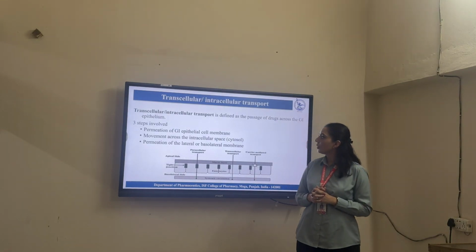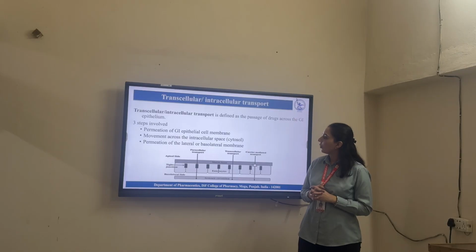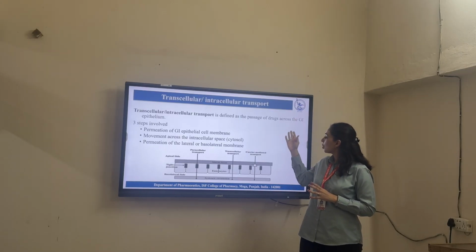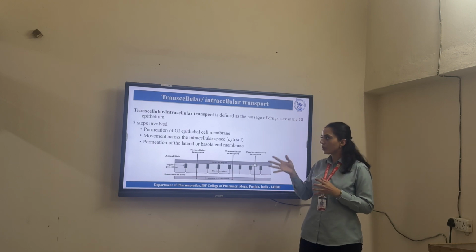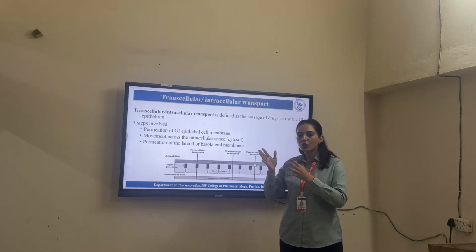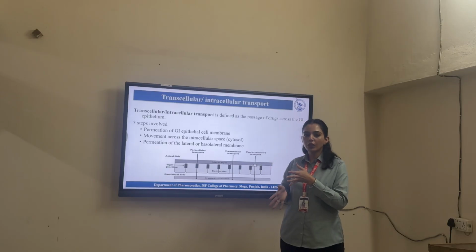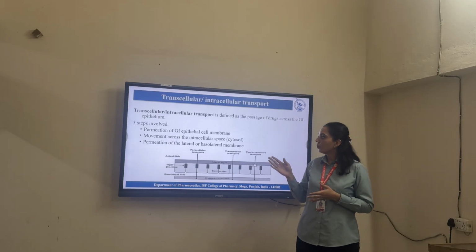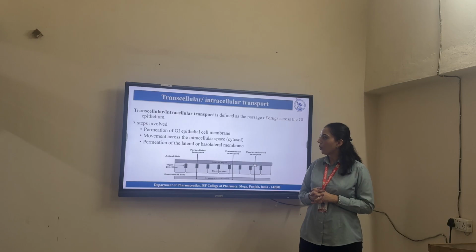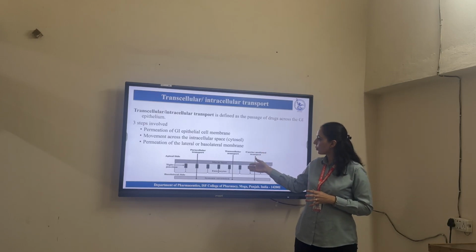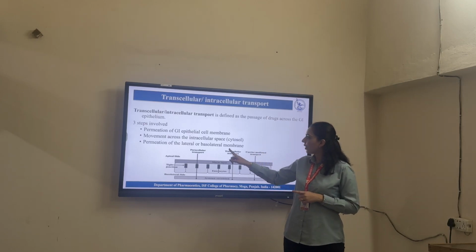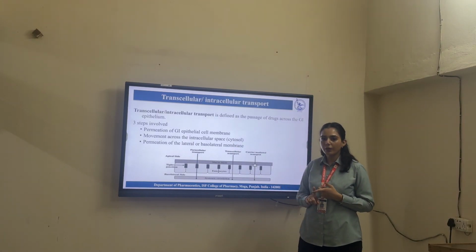So let's start with the transcellular or intracellular transportation. It is defined as the passage of the drug across the GI epithelium, or through the cells. There are three steps involved in the transcellular transportation. First is the permeation of the GI epithelial cell membrane.